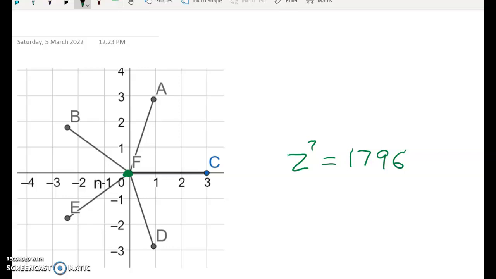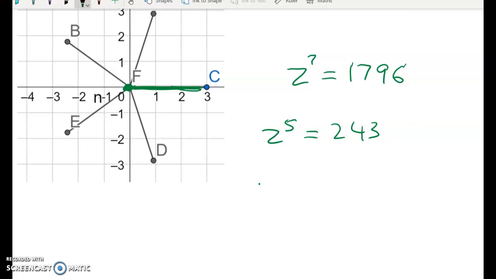The next thing to notice here is that we had z to the 5 is equal to 243. So my first root here had an angle of 0. If instead I had done z to the power of 5 is equal to -243, we don't ever want to work with r to the power of 5 is equal to a negative number.